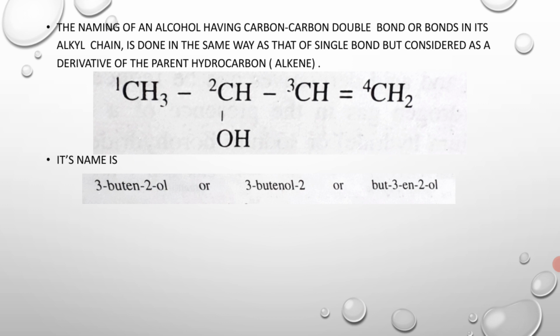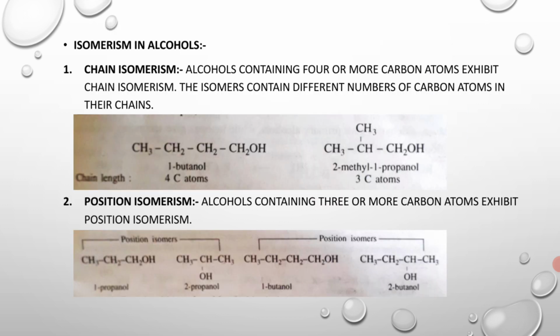Butene, because the third carbon, we can see here, is attached with the 4th carbon by a double bond, so it's 3-buten-2-ol, and but-3-en-2-ol is the correct IUPAC name of this organic compound.